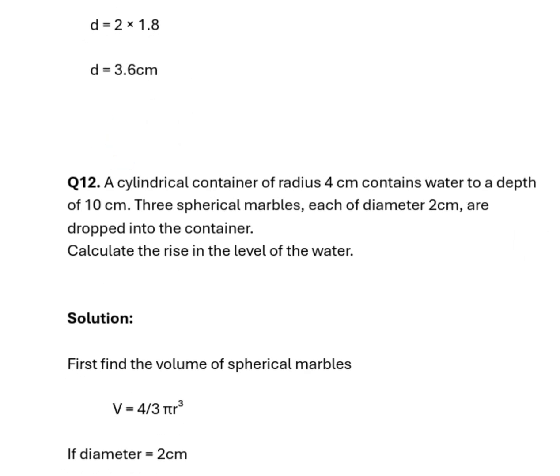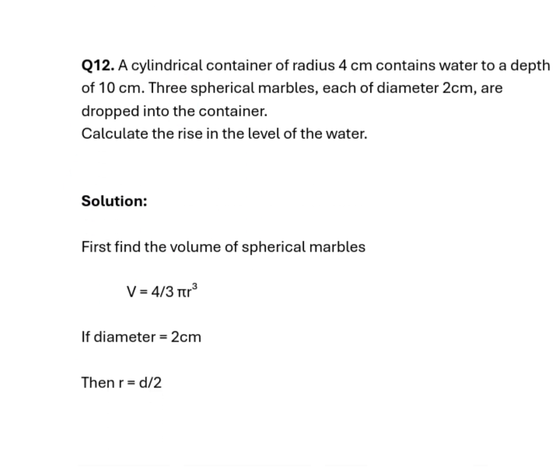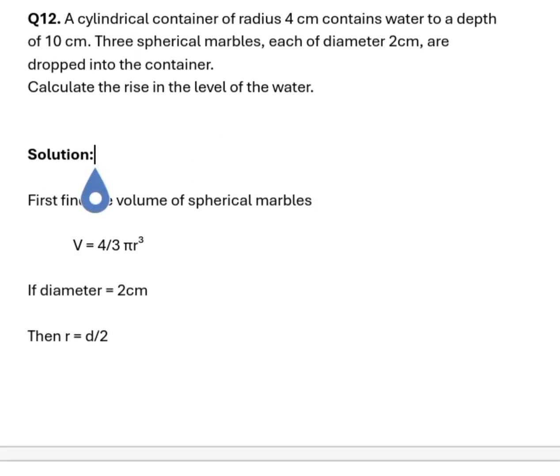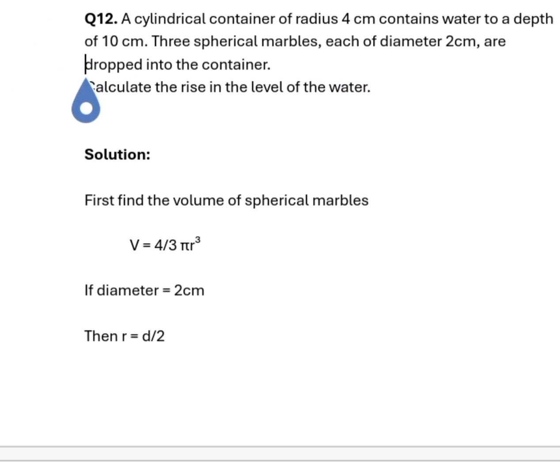Now question number 12. A cylindrical container of radius 4 cm contains water to a depth of 10 cm. Three spherical marbles, each of diameter 2 cm, are dropped into the container. Calculate the rise in the level of the water.